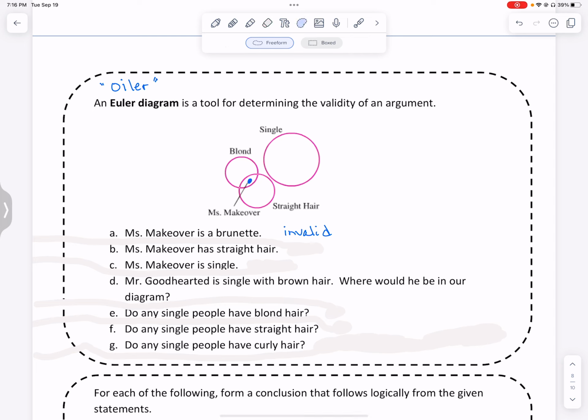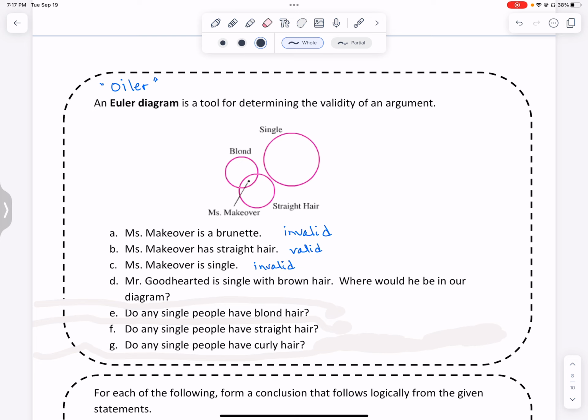Right here is the straight hair. So, yep, it's valid. Miss Makeover does have straight hair. Miss Makeover is single. Well, if she was single, then Miss Makeover should have been over in here somewhere. But Miss Makeover was not. So that is invalid.